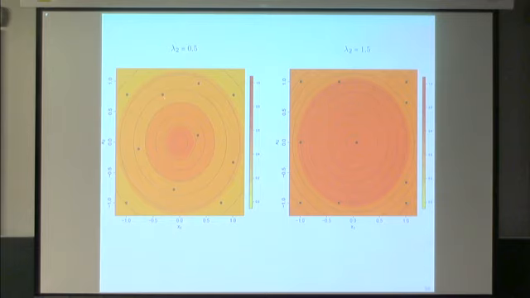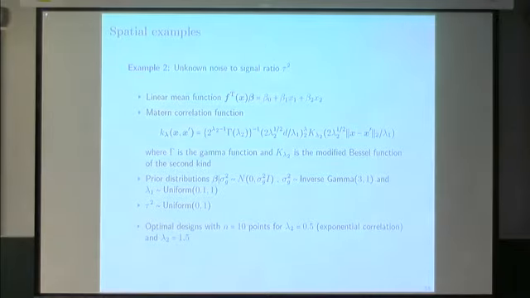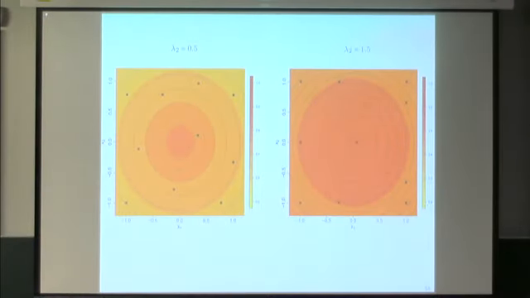So when we are going to choose the points for the exponential correlation function, the design is going to be somewhere between these two designs. So we can see that it's influenced by the large value of noise to signal ratio.